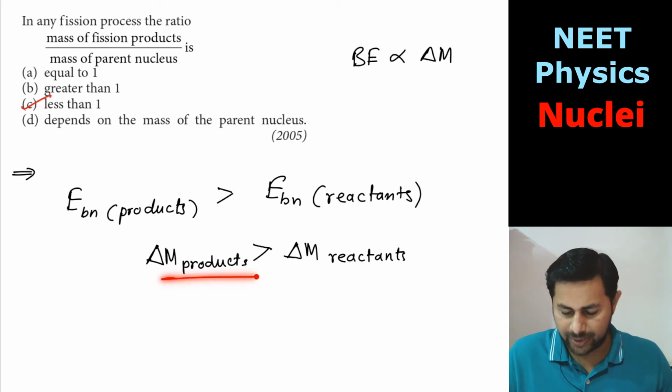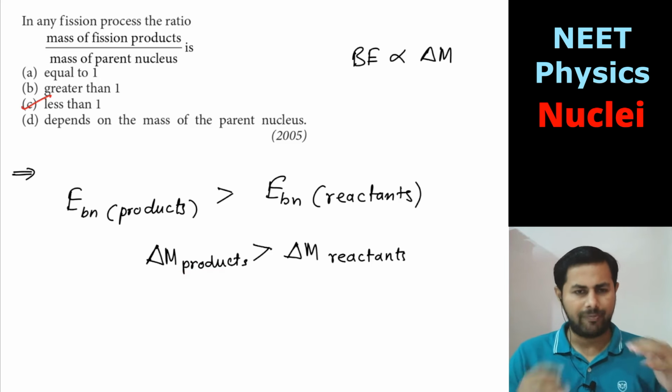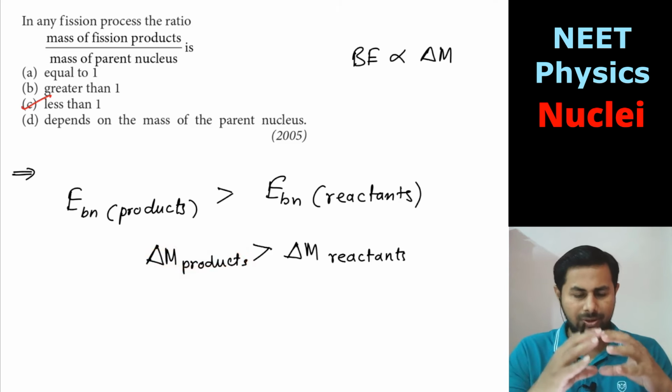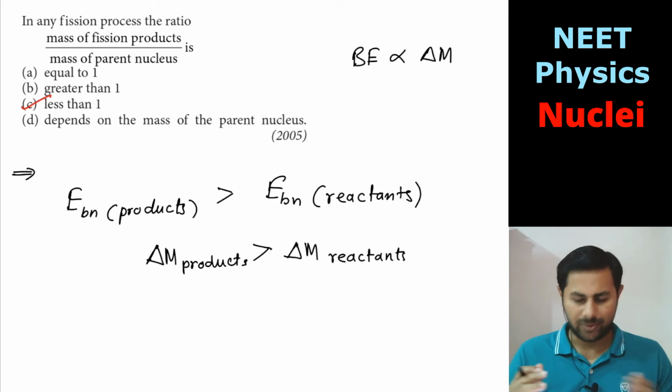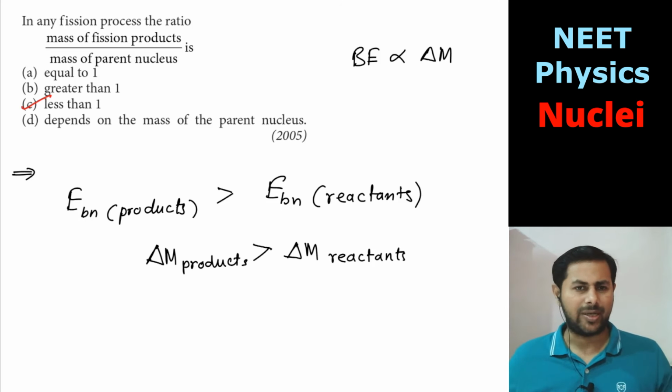Now number of nucleons would be conserved in nuclear reaction. So compared to that of free nucleons, delta M is greater means the mass of nucleus would be smaller. Therefore the defect is greater. If the mass of the nucleus is smaller, then the mass defect would be greater.